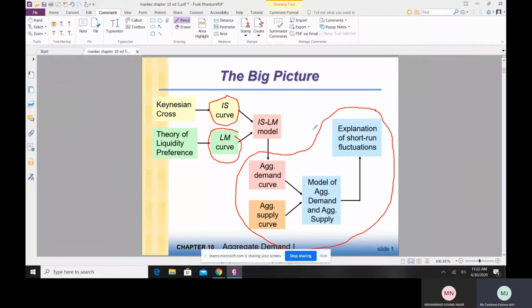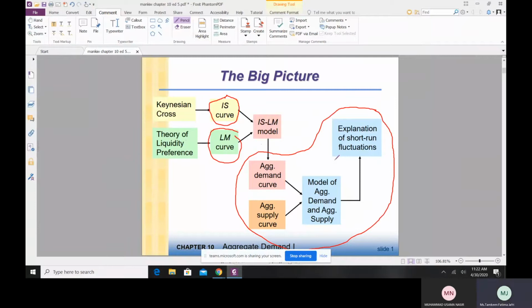जो चीजें हम कर चुके हैं वो ये हैं. In chapter number 9, we have already developed the Keynesian model, which is the model of aggregate demand and aggregate supply. और ये जो model है ना, it explains the short-term fluctuations in the economy.